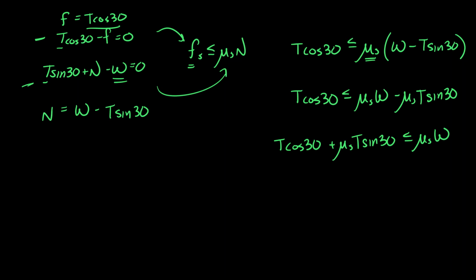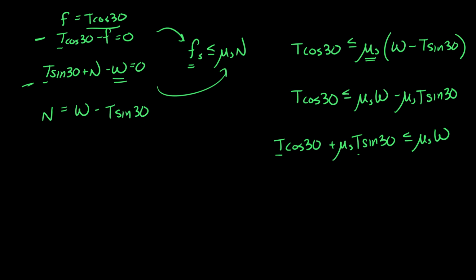Okay, I skipped ahead 2 steps. Do you guys see what I've done to get here? I distributed the mu first. That got rid of my parentheses. I added this term to both sides. That got the T's together.